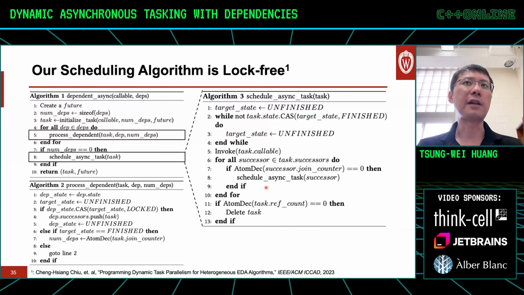With all these ideas, our scheduling algorithm is completely lock-free. There is no mutex involved, of course, with C++20. And we have published this algorithm in ICCAD 2023. If you are interested, I encourage you to check out the paper for more detail.